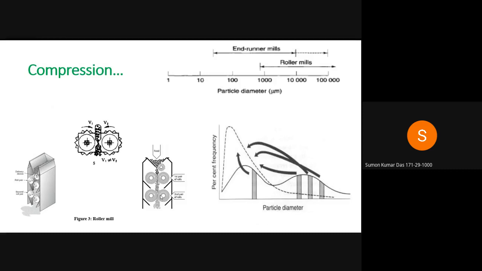They rotate against each other. Here the particle diameter at the initial stage, the first pair, is not too small, but in the second step the size is reduced.